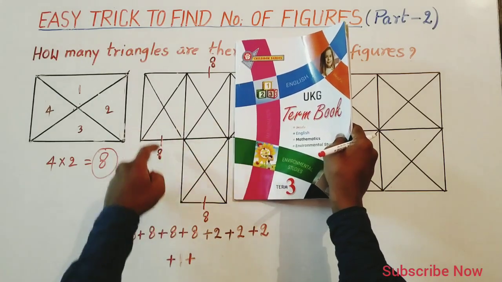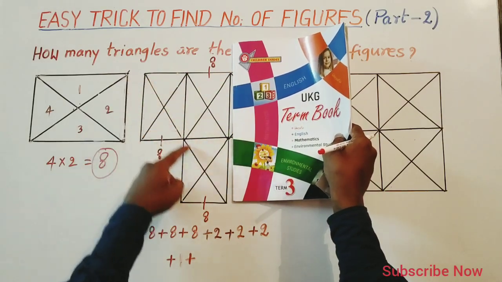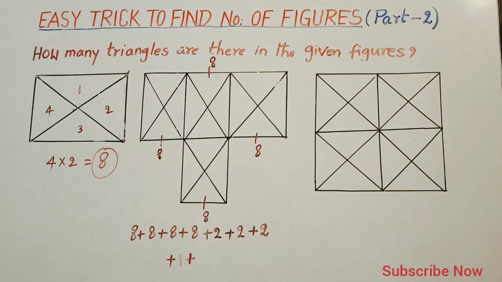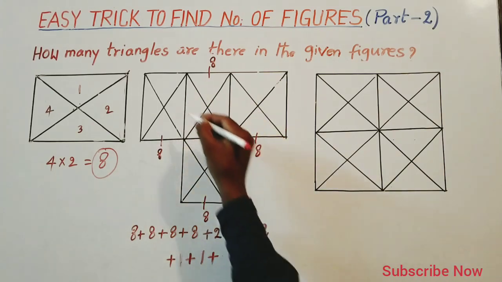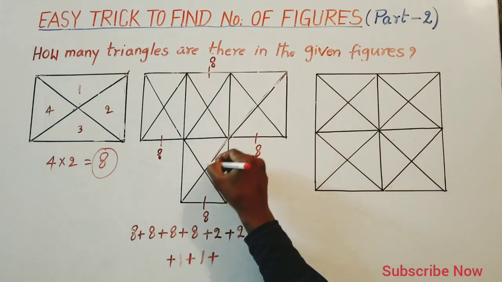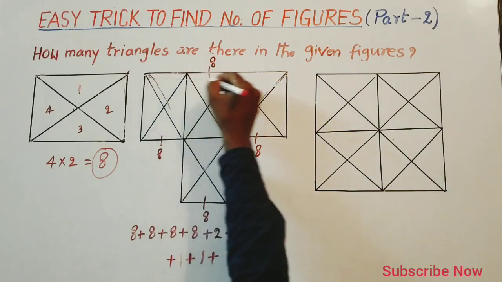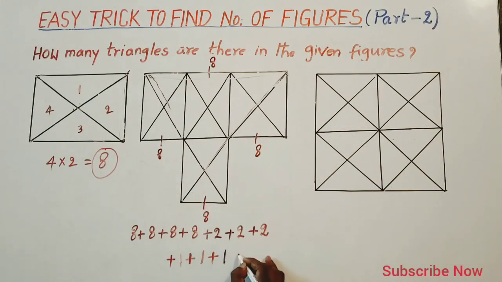If you observe these 3 parts, you can find this is one more triangle. So plus 1. Now if you combine all these figures, you can find one bigger triangle. So that is this part. This is one more triangle. So plus 1. So totally 16.